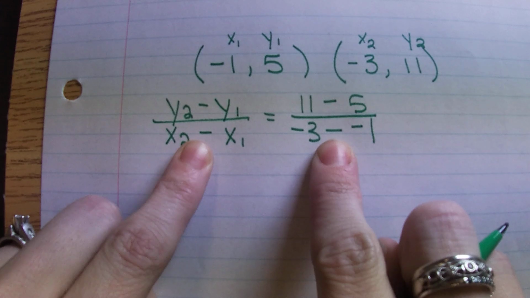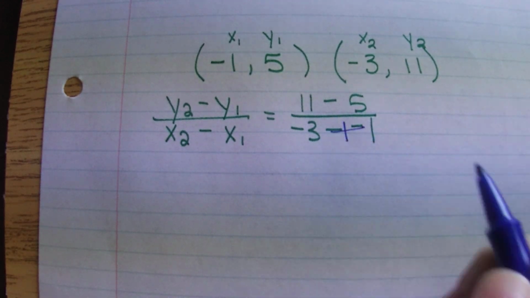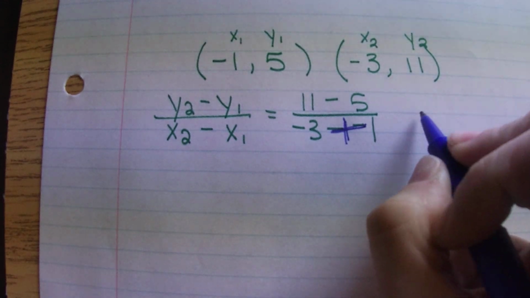This subtraction is from the formula. That negative is from the number. Okay, so we could clean this up, or you could use your calculator. Those 2 negatives, right? Subtracting a negative is the same thing as adding.